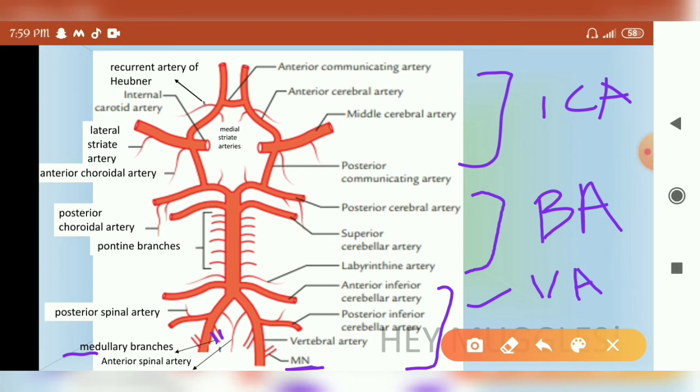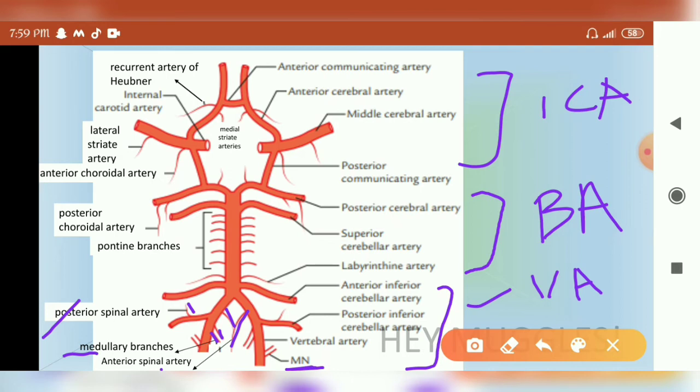Then we have the anterior spinal artery and posterior spinal artery. These two branches, as the name suggests, supply the spinal cord. They run across the spinal cord and supply it.